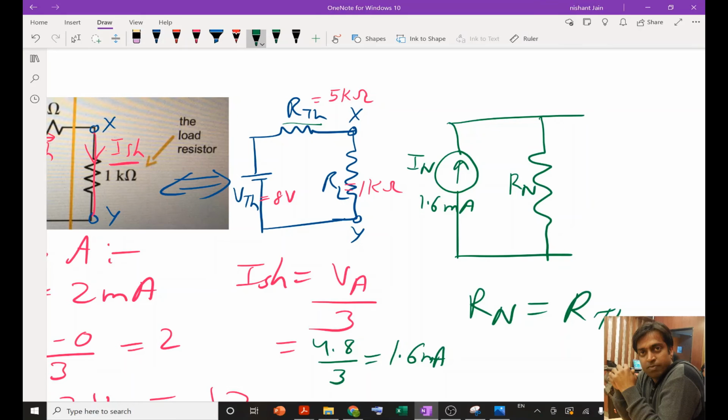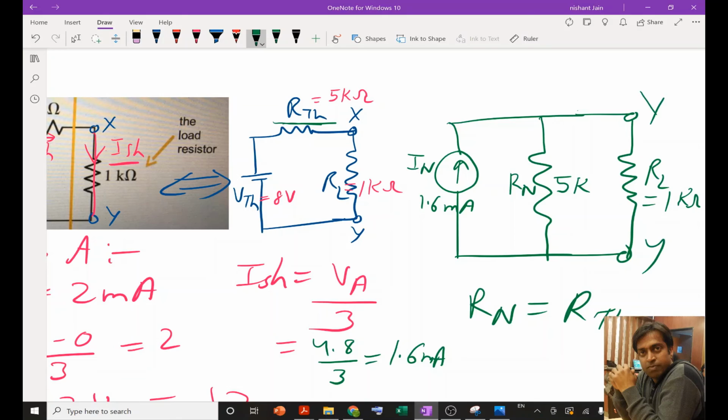Since we have already calculated the value of RTH, this will also be our Norton resistance. And then in parallel we have our load RL, which is equal to 1 kilo ohm. So this will be our Norton circuit.